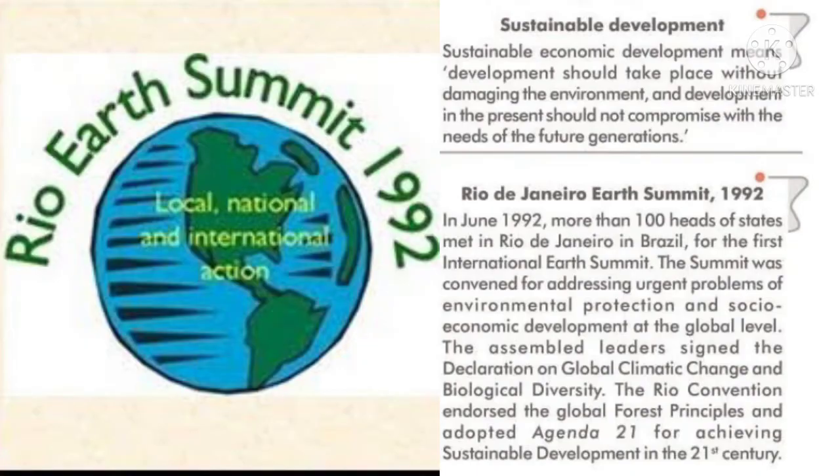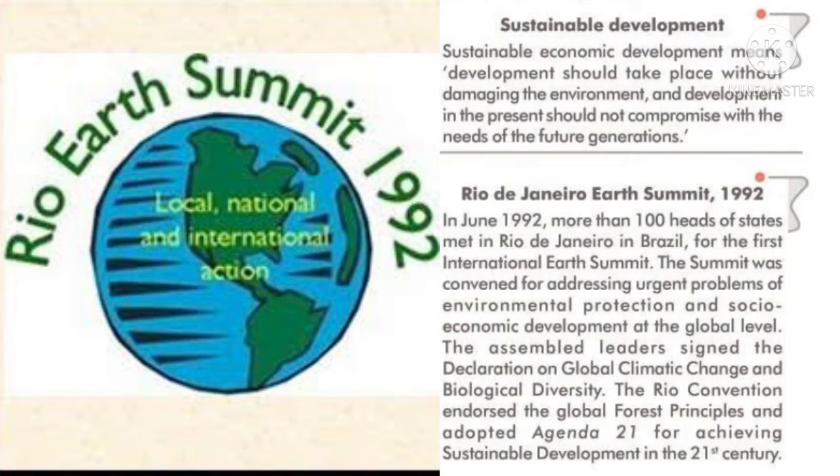So this was the first international earth summit which was called in 1992 in the capital of Brazil, that is Rio de Janeiro. And in this particular Earth Summit, the main purpose was to take care of our environment, to make our development policy in such a way which would not create any kind of harm to our surroundings. So that was the purpose of this Rio Earth Summit 1992.